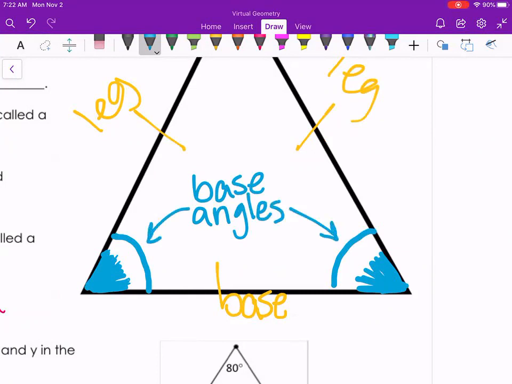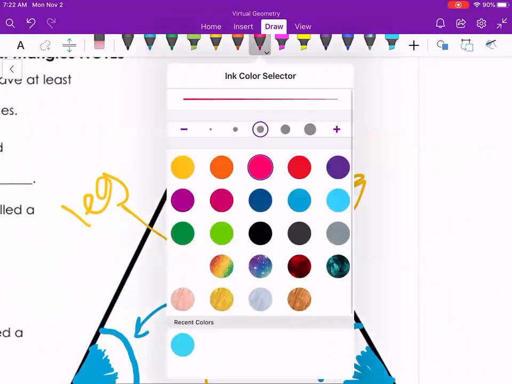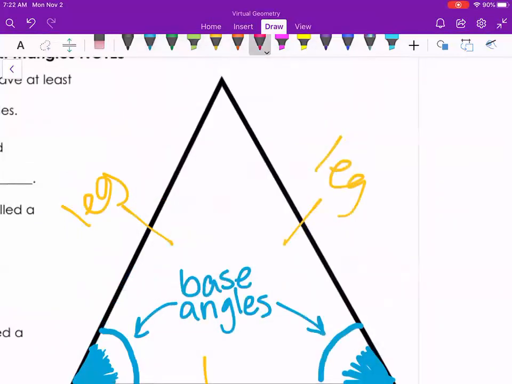Now, if this triangle was turned around and that base was on the top, then your two base angles would also be on the top. And now that we know where our two base angles are, I also know where my vertex angle is, because it's the one angle that is not congruent to the two base angles.